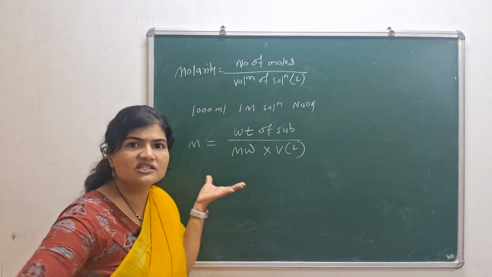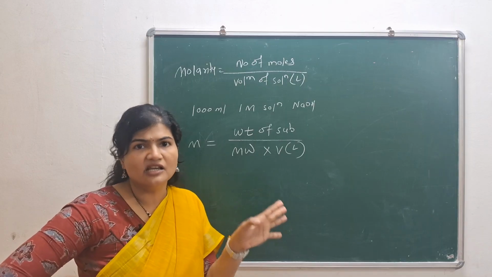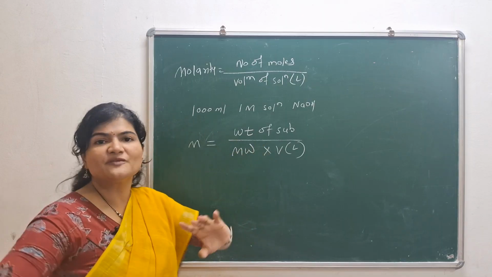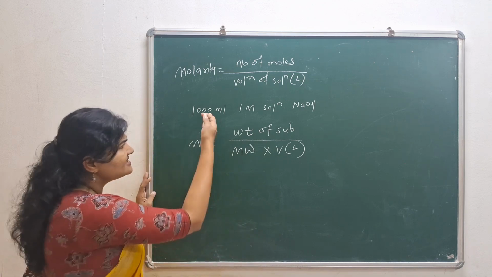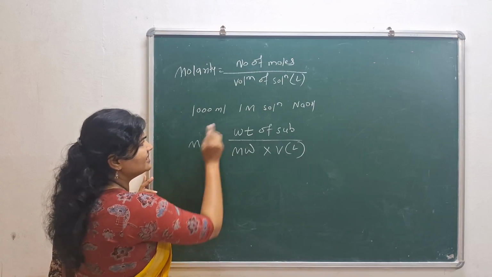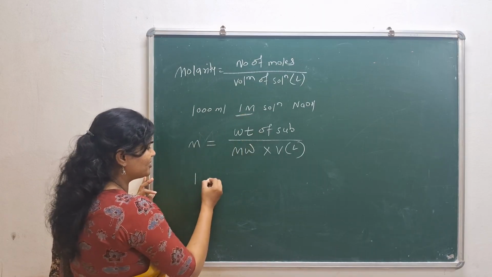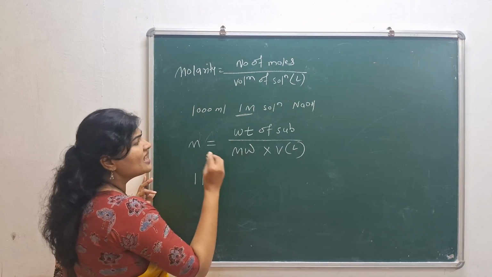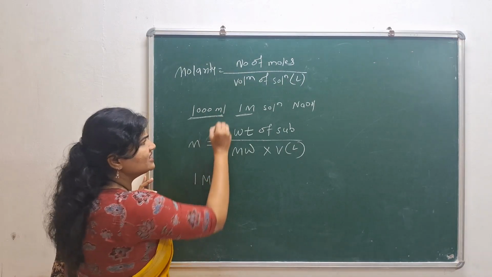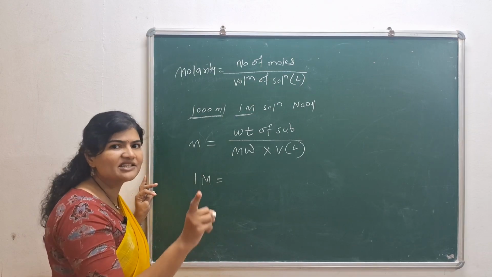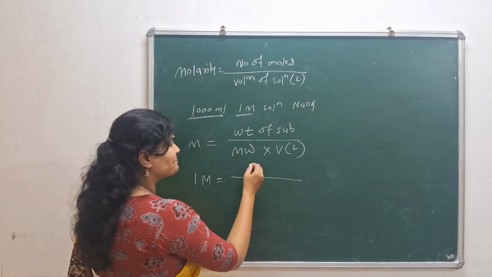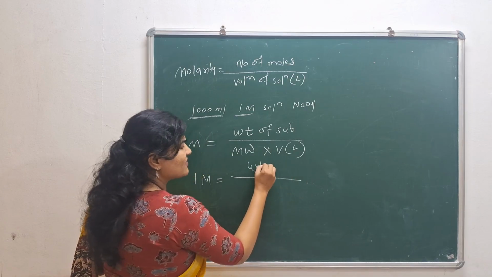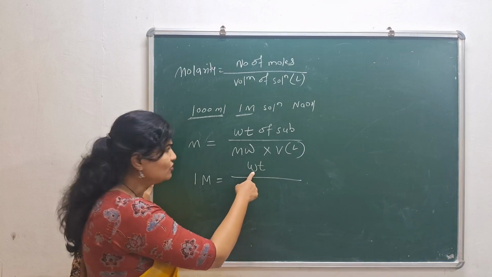Now if I use this formula, it becomes very easy to calculate the amount of substance required for achieving that particular molarity. Let's say in this case, the molarity is given, I have to prepare 1 molar concentration, and the volume is also given, it is 1000 ml, but always remember we have to quote the volume in liters. So what I will do, I don't know the weight of substance required, so it is to be found out.